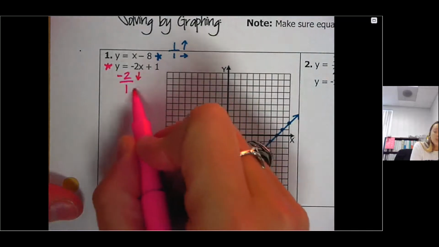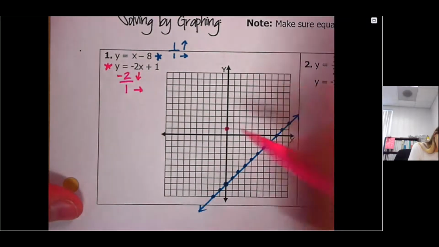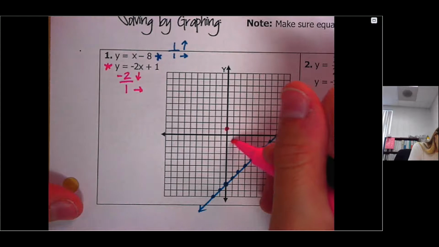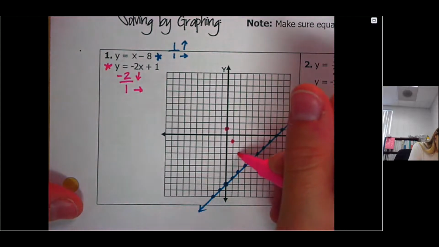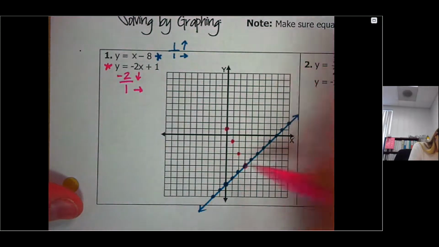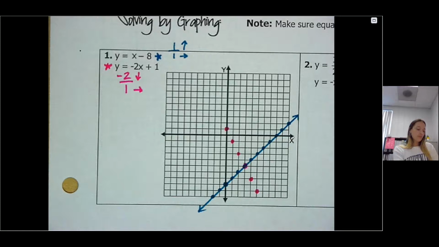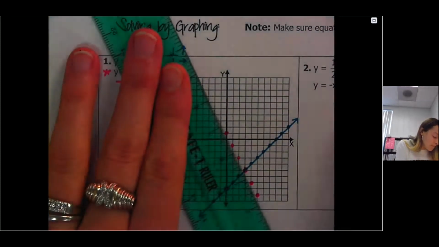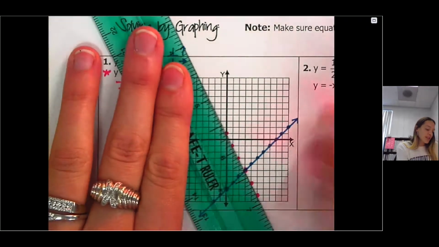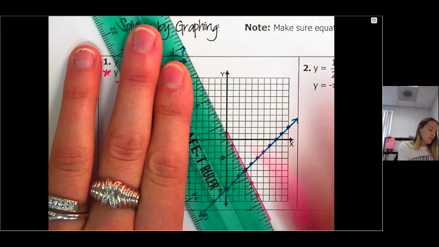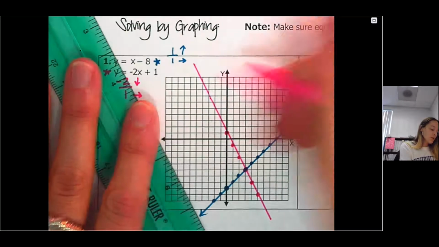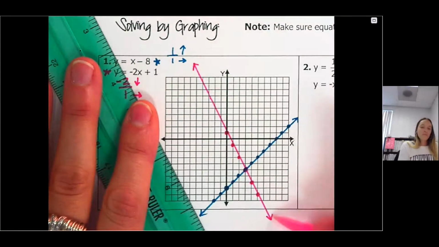Down 2 to the right 1. Perfect. And what should happen, they better intersect. And since they've already intersected down below, I'm not going to worry about doing my ones up above over here.